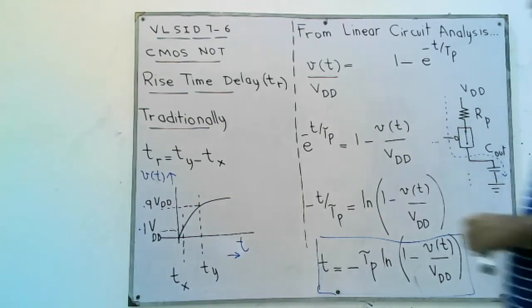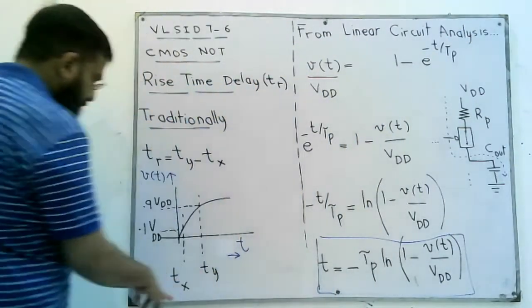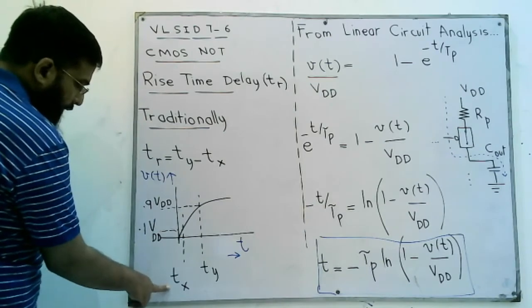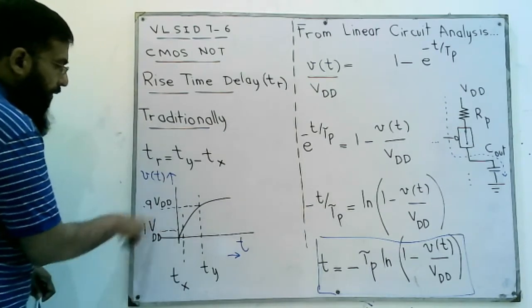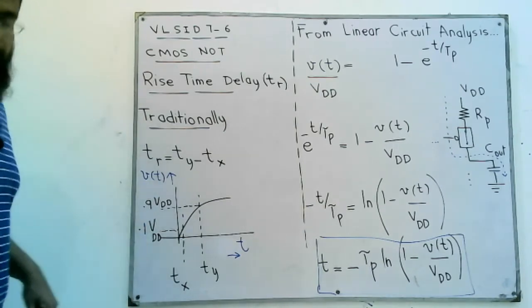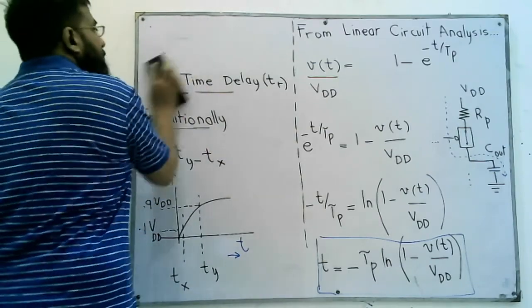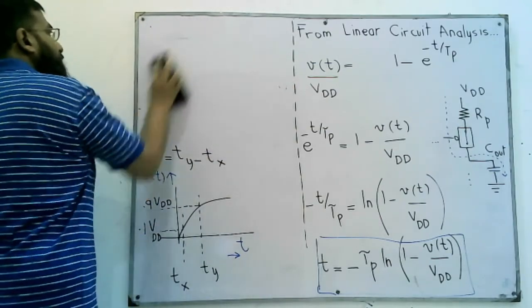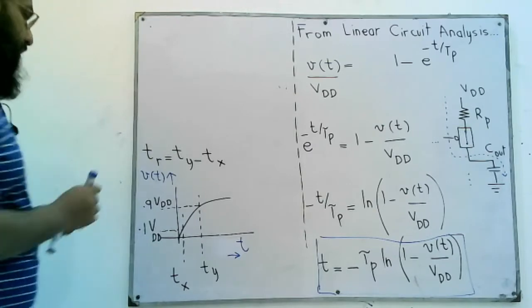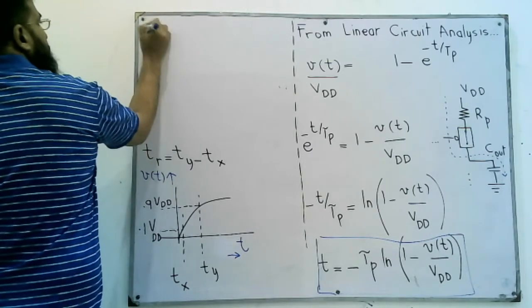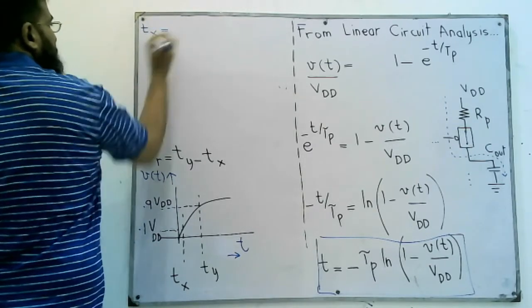Now we know what dy is and what dx is. Dx is the time when v of t is 0.1 VDD. So we can write dx as, we can either write dx first or dy first.